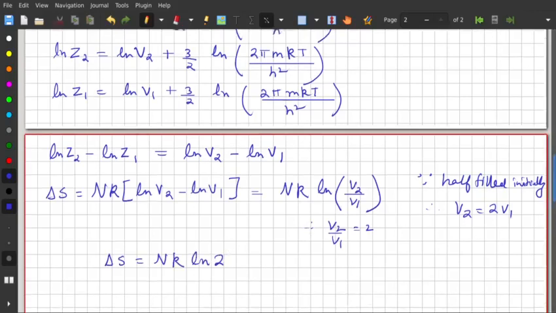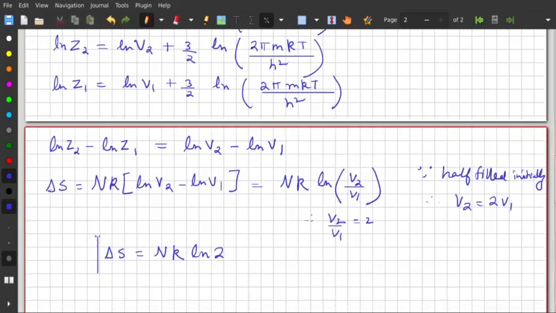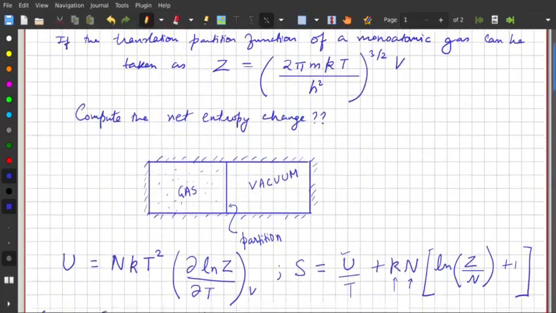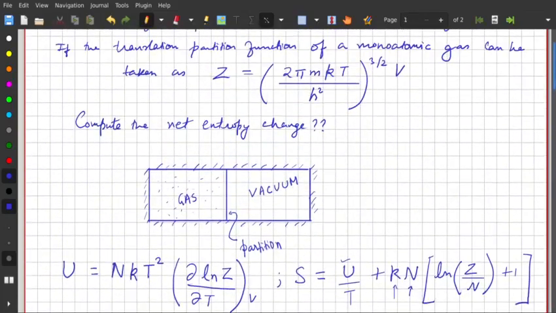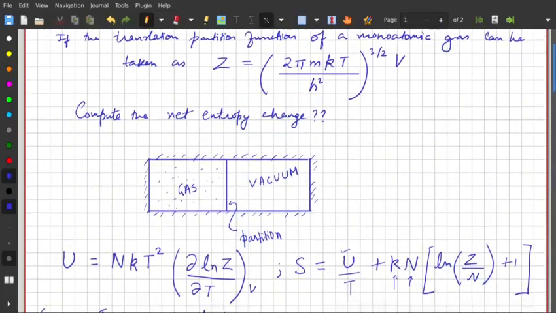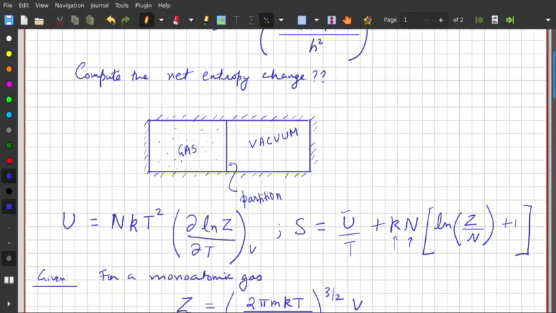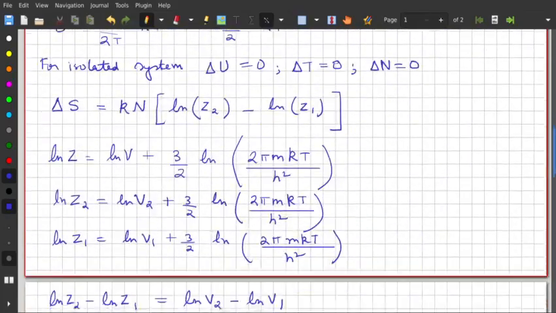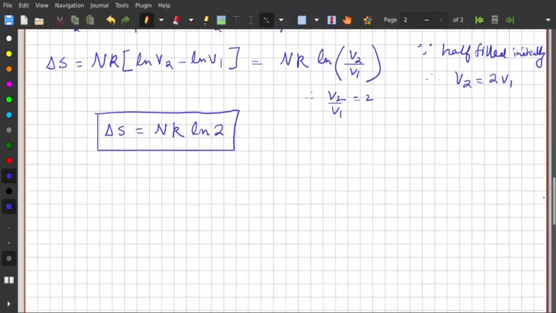Okay, so that's the entropy change in terms of the number of particles and Boltzmann's constant, for the process where initially there was gas in half of the container and a partition was separating it. When we break the partition, the gas fills the entire vessel, and the entropy change is given by this. Let's see whether we can come to a similar expression from classical thermodynamics.